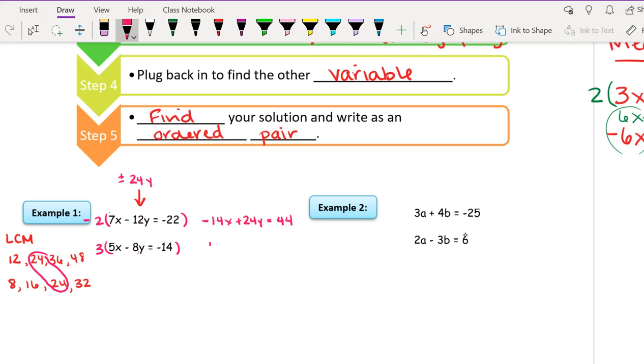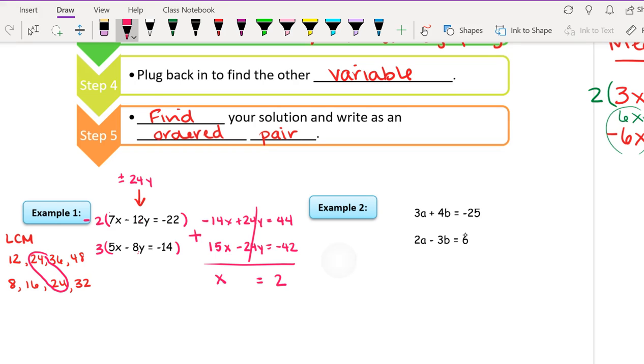In the bottom equation, 15x minus 24y is equal to -42. So the numbers are going to get larger, but watch what happens. When you add these together, -14x plus 15x is just 1x. -24y and +24y eliminate. 44 and -42 becomes 2. So now we get a nice easy answer for x.